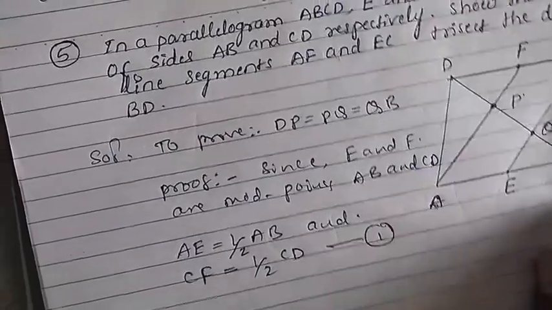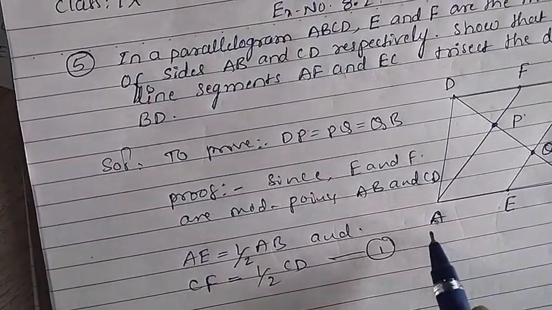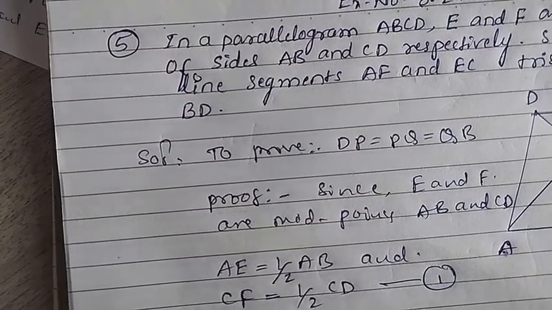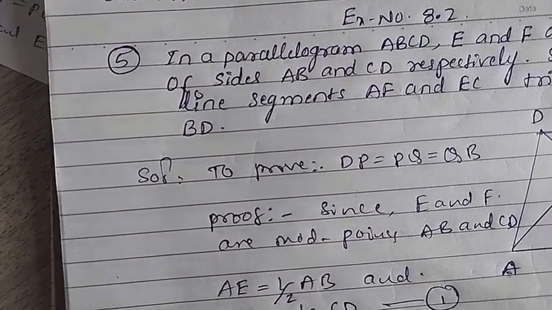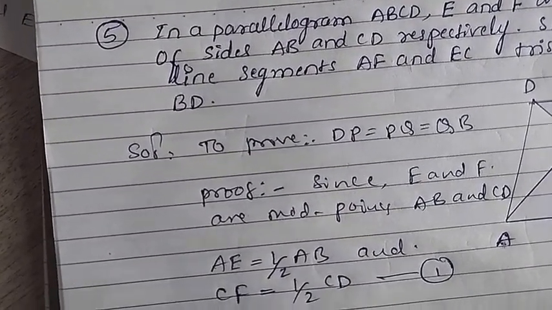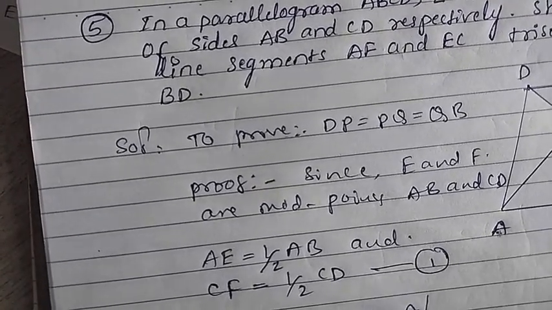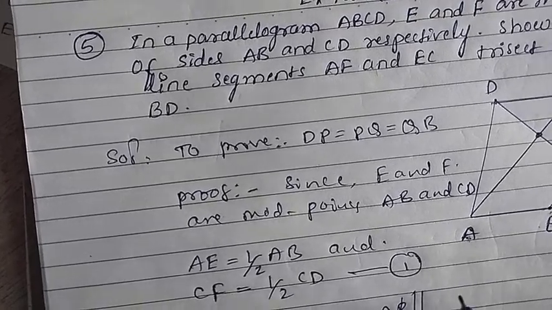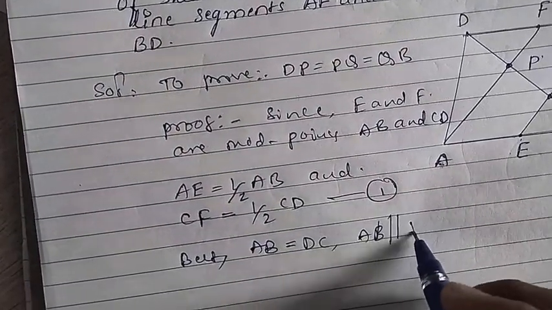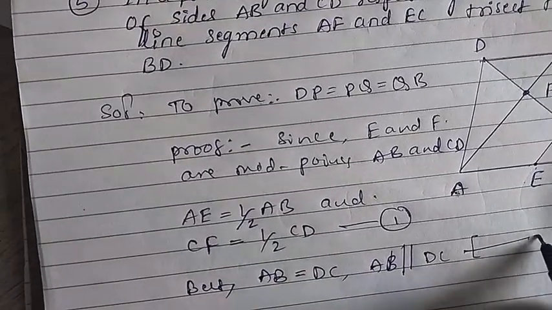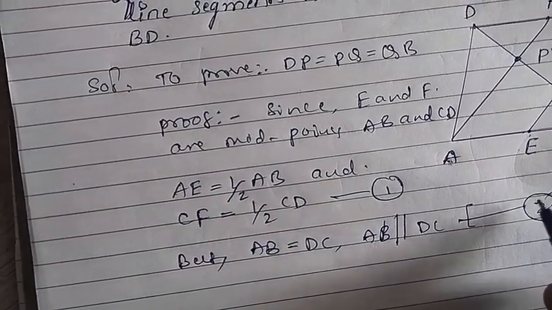Clear? Now see the next here. What have they given here? AB is equal to DC and AB is parallel to DC. Now you can say that this is equation 2. Why is that?